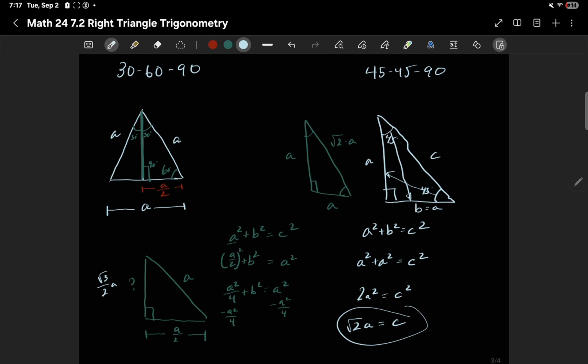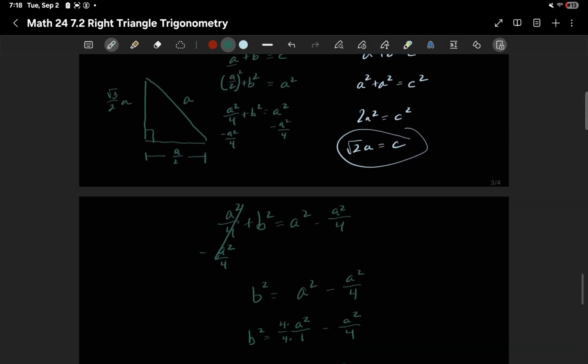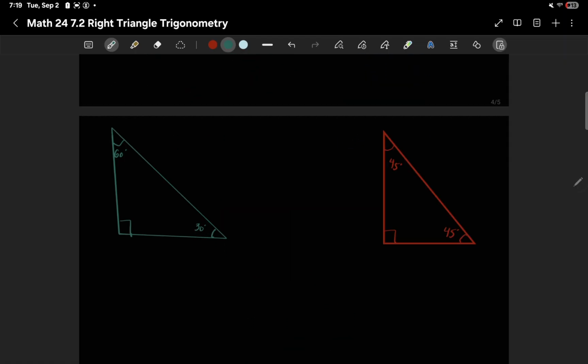And so now we have yet another triangle where everything is basically some number times a. And so you may be asking, well, why did you show us all this? Well, I'm going to redraw the triangles below, and I'll see you in a bit.